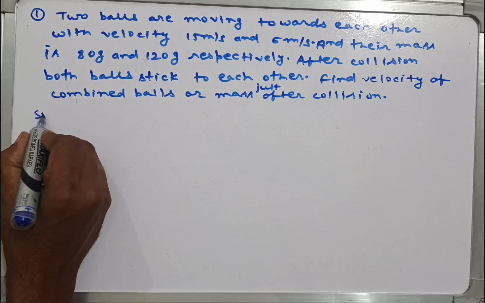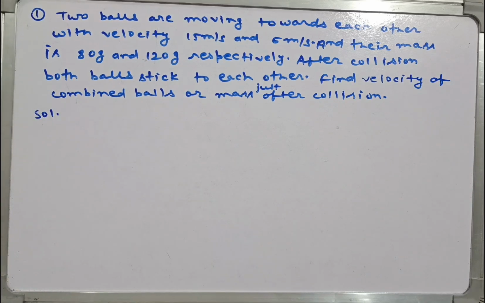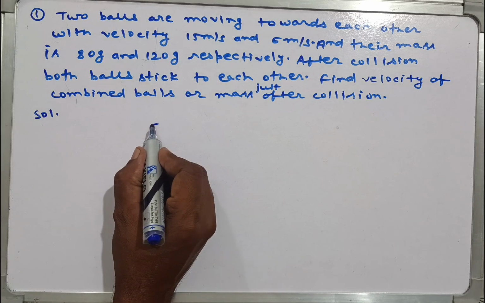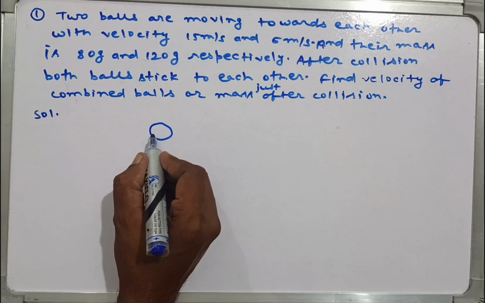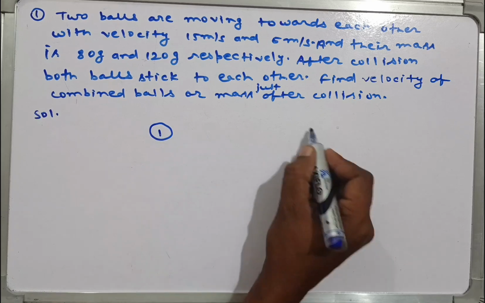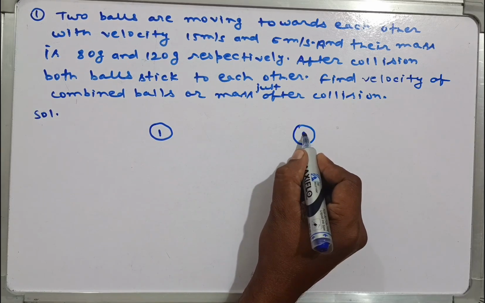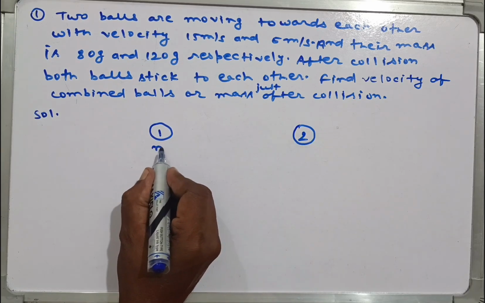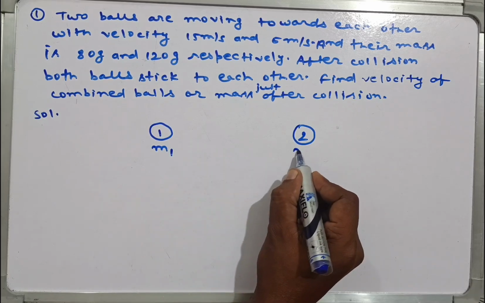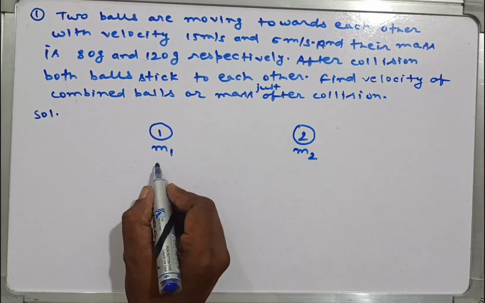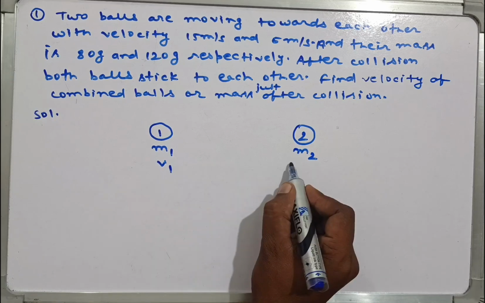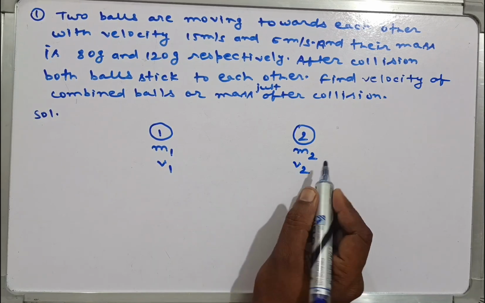So, the solution, guys. The question is telling two balls, say this one is ball 1 and this one is ball 2. Its mass is m1 and its mass is m2, and velocity is v1 and its velocity is v2.